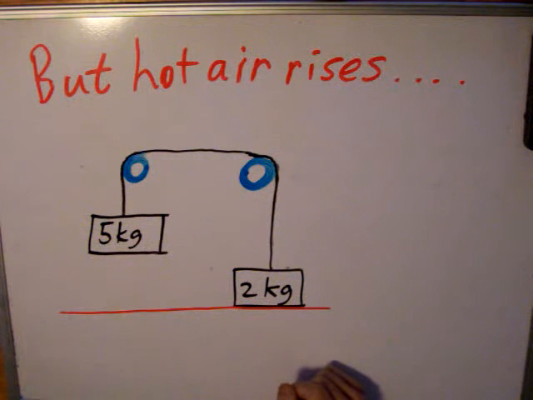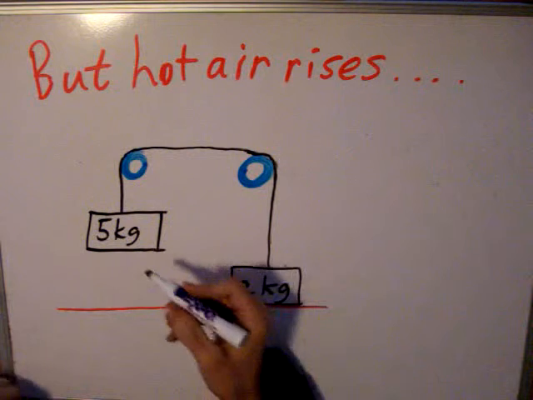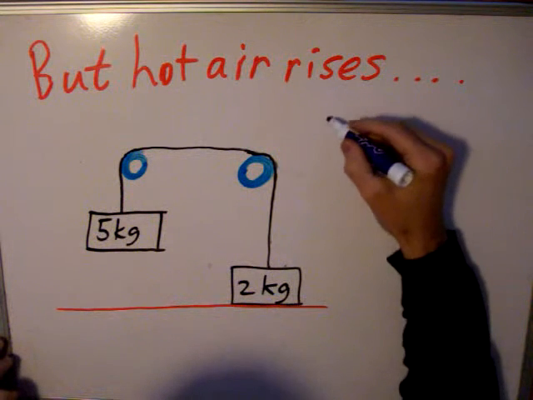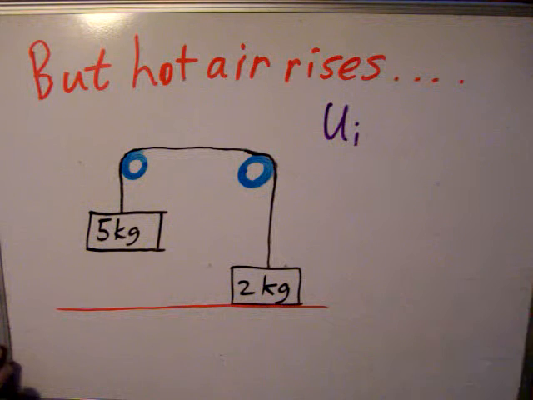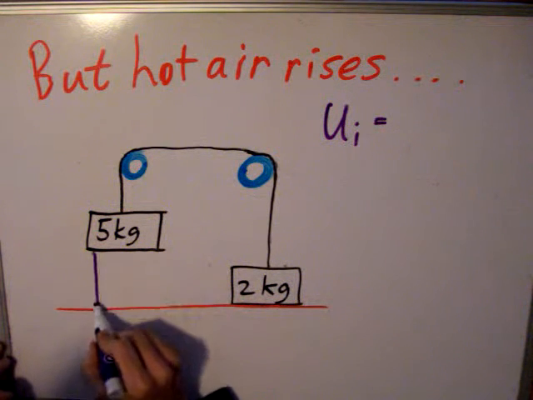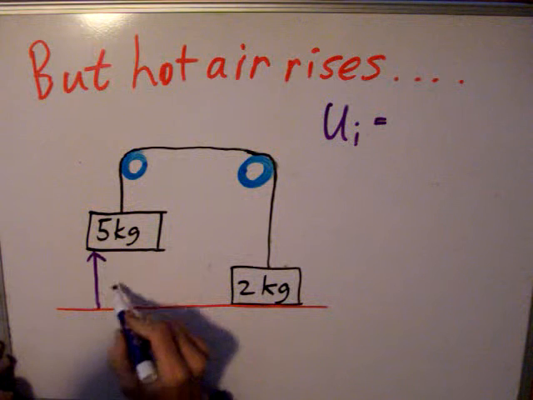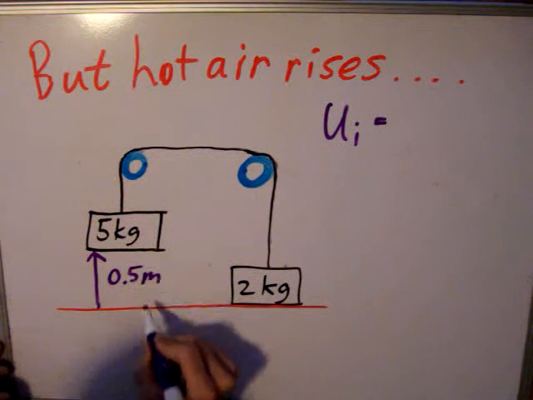Well, let's take a look at the total energy here and see if we can figure out what the story is. So here's our initial situation. So our initial energy, I'm going to just call that UI, initial energy is, first of all, we need to say what the height is. So let's just pick a convenient number like 0.5 meters.